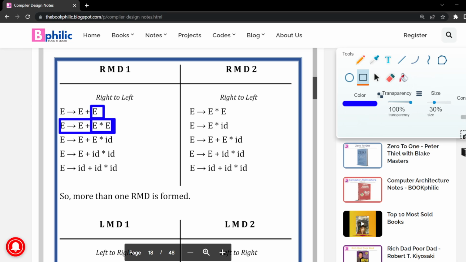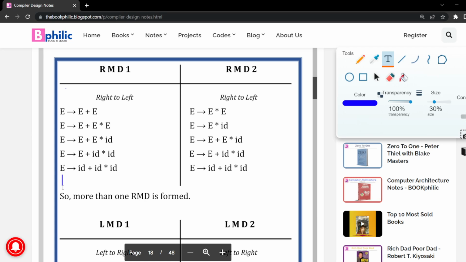For your understanding, I am just writing the same example here so that you can understand what our production rule was.